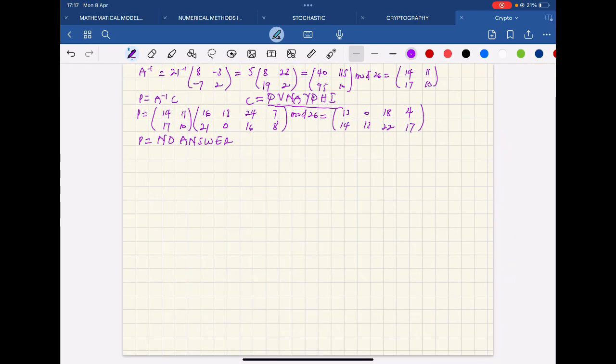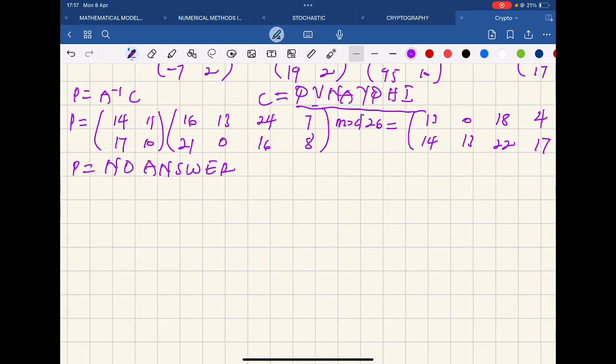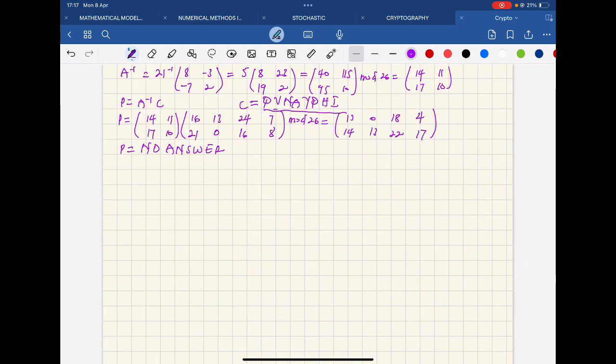So if we were told to encrypt NO ANSWER, we would have gotten our cipher text, which is QVNAYQHI. Okay, thank you. Now let's move on to the second problem.